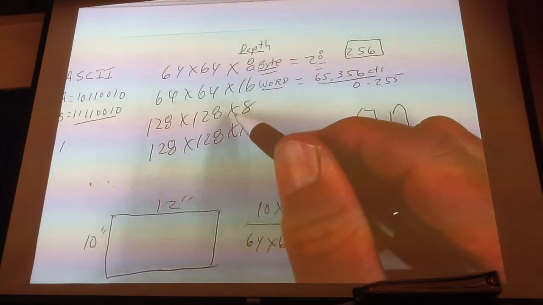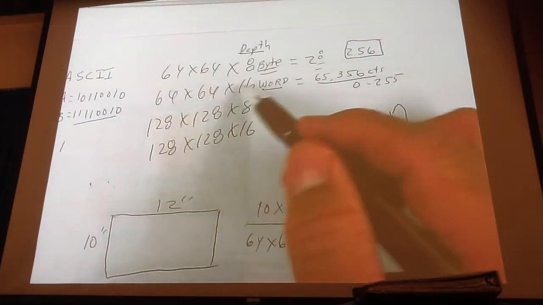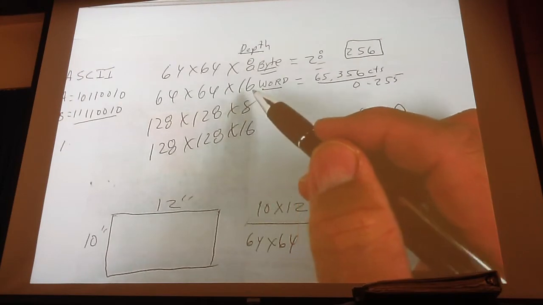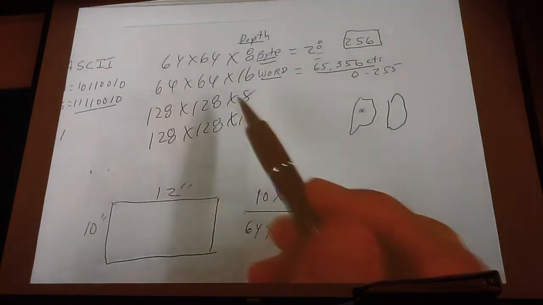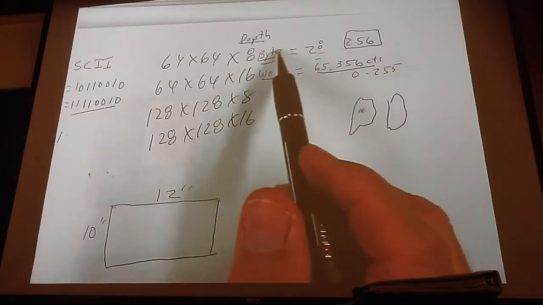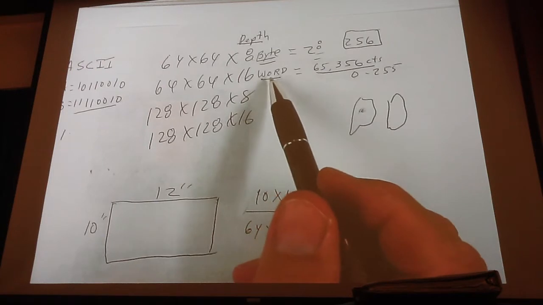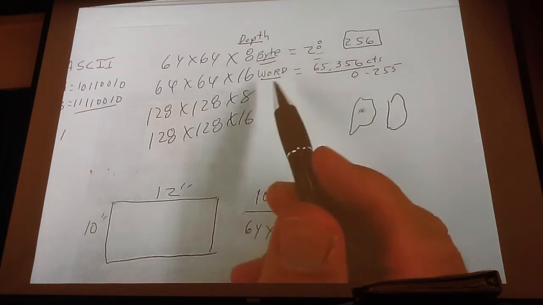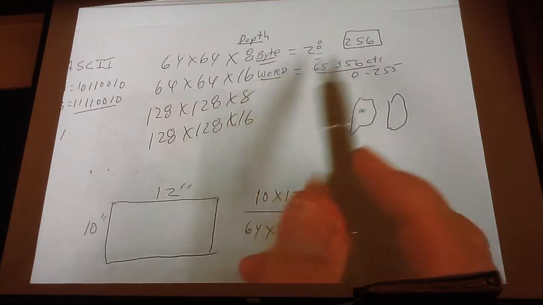CT scanners are usually 512 by 512, and anywhere from 10 to 12 bits. This is important because it tells you how many colors you can display, and it brings out more subtle shades of gray.